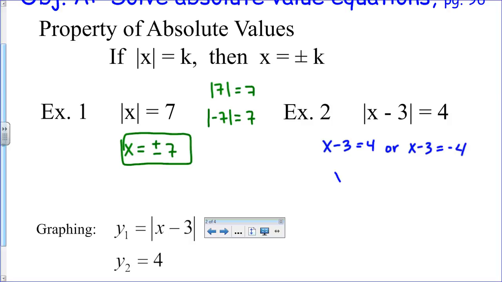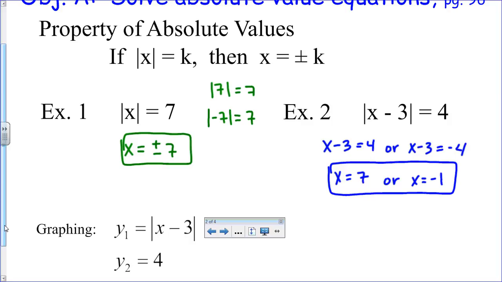So I have x equals 7, or x equals, add 3, that would be negative 1. So those are my two answers. It's not always just plus or minus some number. The plus or minus is up here with the 4.